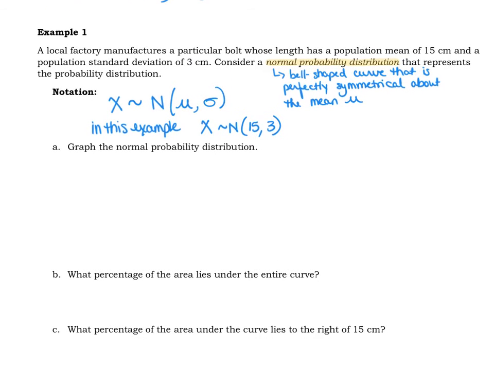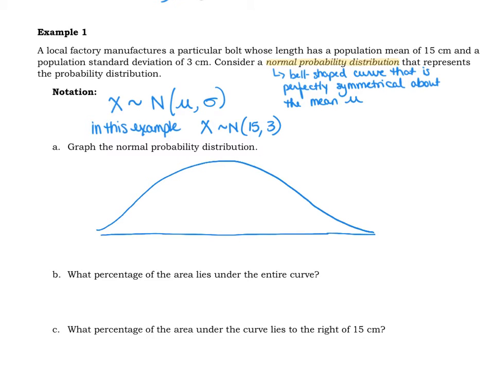Now what does it mean to graph this normal probability distribution? Like any distribution, we're going to start with a horizontal line, and then sketch in the curve, symmetrical and bell-shaped, or as symmetrical and bell-shaped as you can get it.